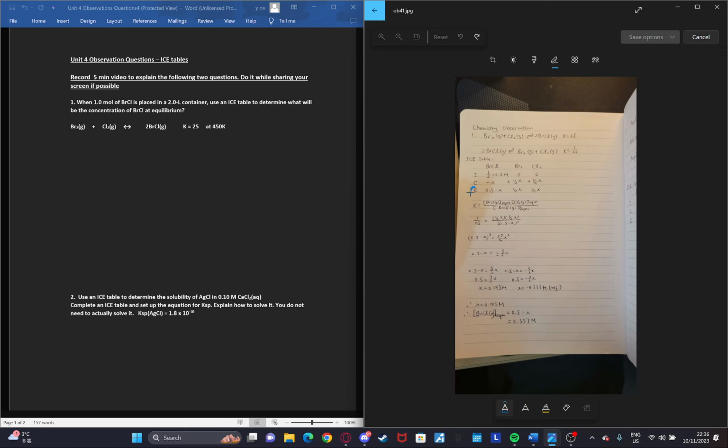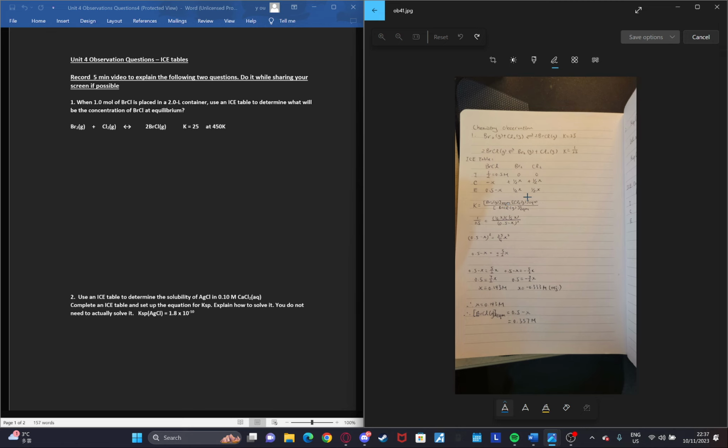But in equilibrium concentration, the concentration of BrCl is 0.5 minus x, and for the products both are half of x, and so we have to plug it in. Forgot to mention that we also have to reverse the K value to 1 over 25 because you're reversing the whole reaction.